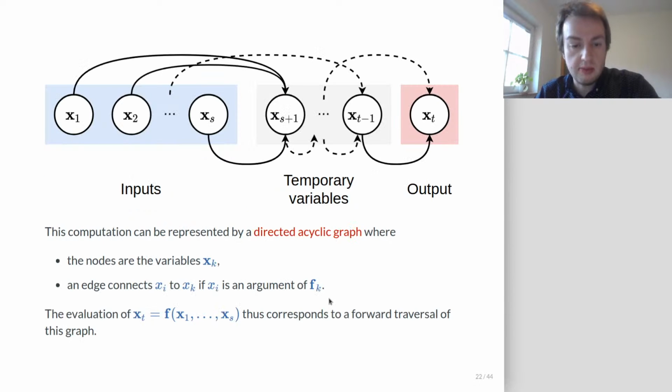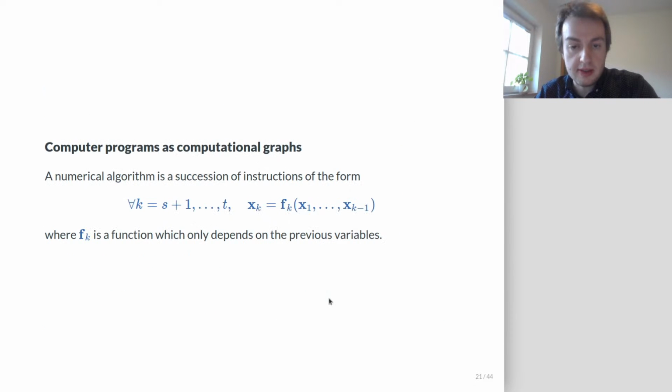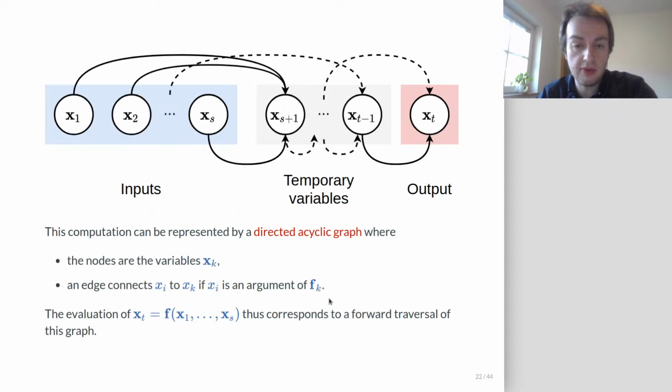What we just did before the break was to express numerical algorithms as directed acyclic graphs of this kind, in which nodes represent, for example, input variables, output variables, or temporary variables that you need in order to compute the output.